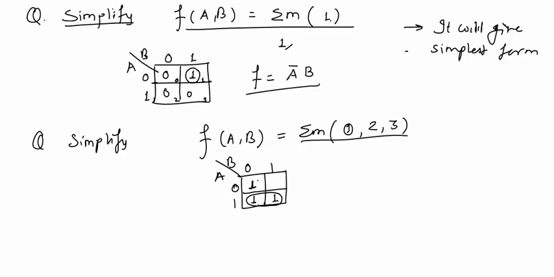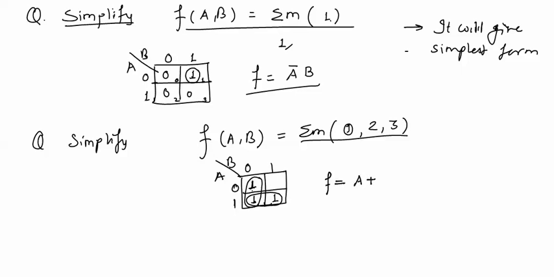So in this case we will combine both these ones and form another pair. Now we can write the expression for f. For this pair a is 1, and b is 0 for this one, 1 for this one, means b is changing and a is constant, so it will be a.